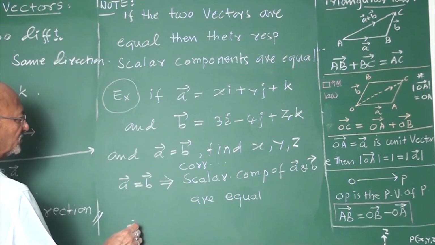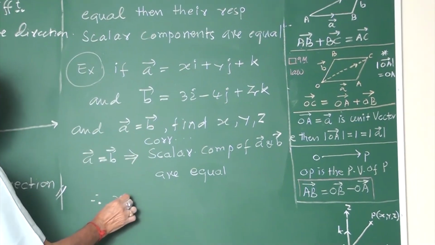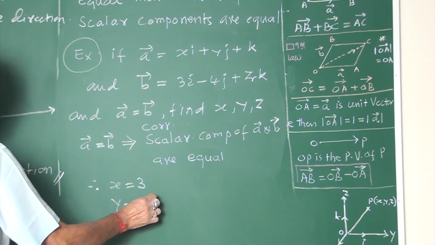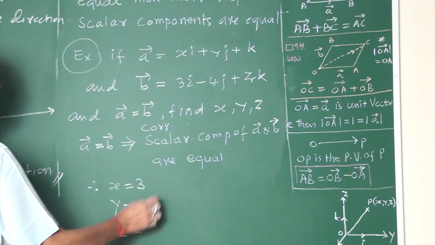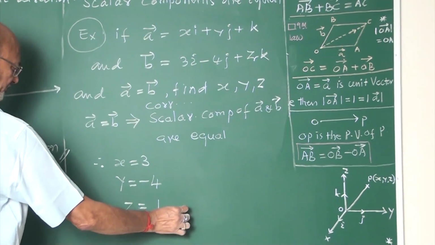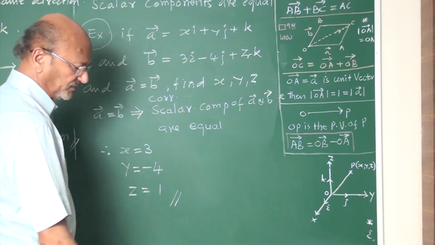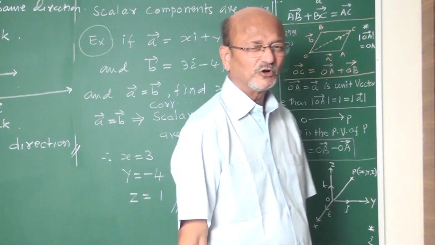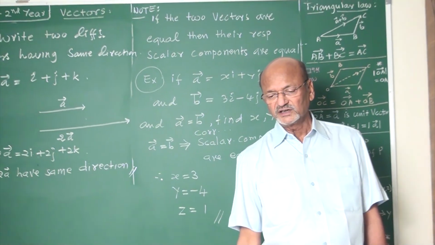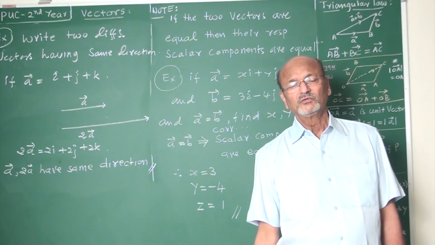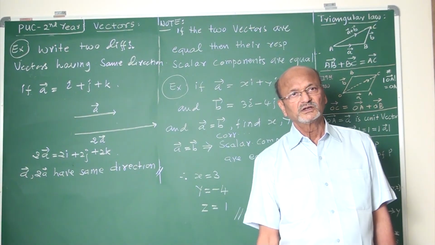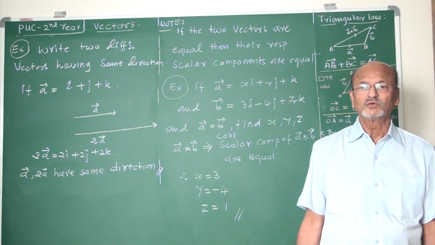Therefore, x is 3, y is minus 4, and z is 1, the coefficient of k. Now this is another example. Sometimes, if the examiner wants to ask very simple examples about scalar components: if the vectors are equal, their corresponding scalar components are equal, my friends.